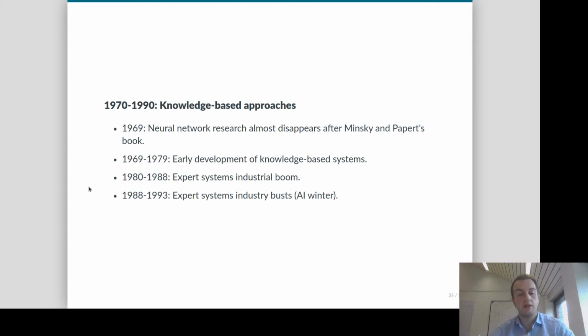In particular, in 1969, Minsky and Papert published a book in which they proved some impossibility results for some version of a neural network. Because of this, most of the research about neural networks almost disappeared. I'm saying that because now everything which is driven by AI is implemented with neural networks. So when you look at this story, they almost disappeared, but eventually they came back, and they came back very strong.